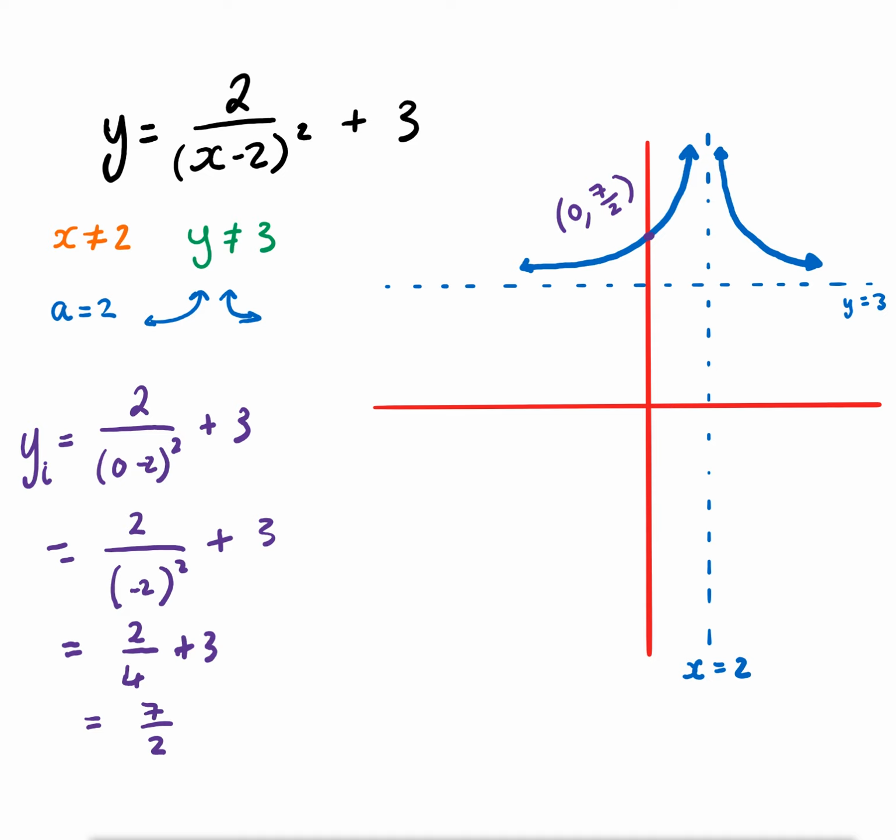And if I move 2 to the left, the height is 7 over 2. So I'll simply move 2 to the right now, which jumps me across to here. So 2 to the right would be 4, and the height has to be the same to show that this is mirrored. I might also make sure to take care to label x, y, and the equation y equals 2 over (x minus 2) squared plus 3.